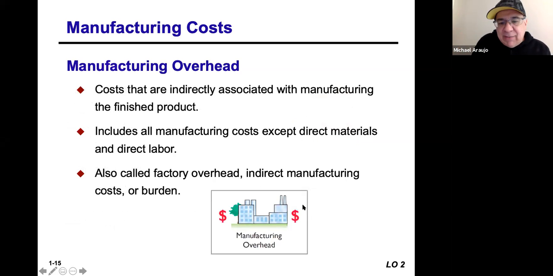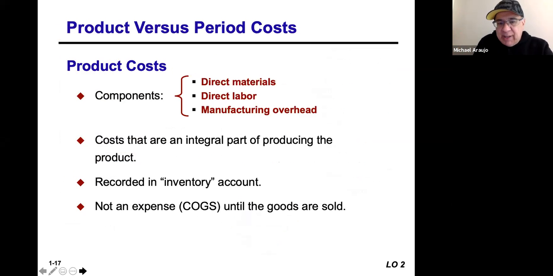Anything involved with the actual factory itself is manufacturing overhead. These are the areas we looked at, and because they're directly related to the product, they're considered product costs.